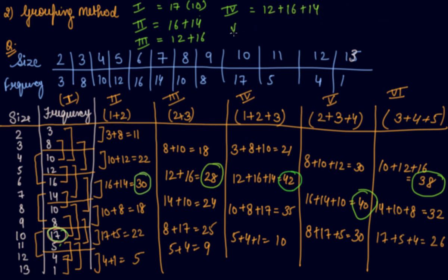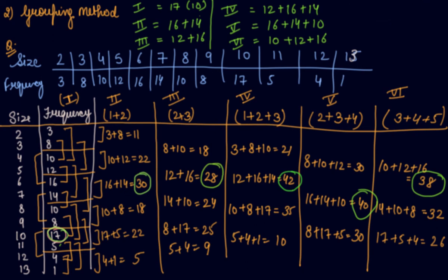In column fifth, we had 40 as the highest frequency, 16 plus 14 plus 10. In group 6, we had the highest frequency by adding 10 plus 12 plus 16. So I have written all the highest frequencies which we got by adding the actual frequencies in the grouping table.